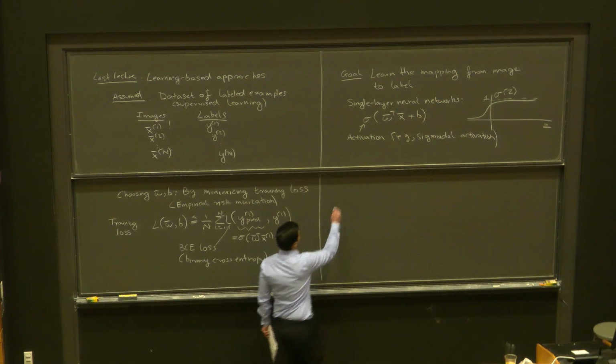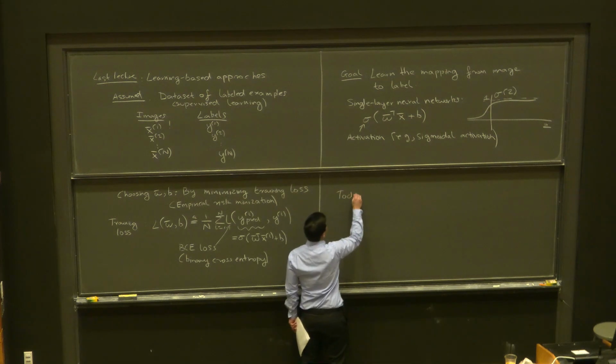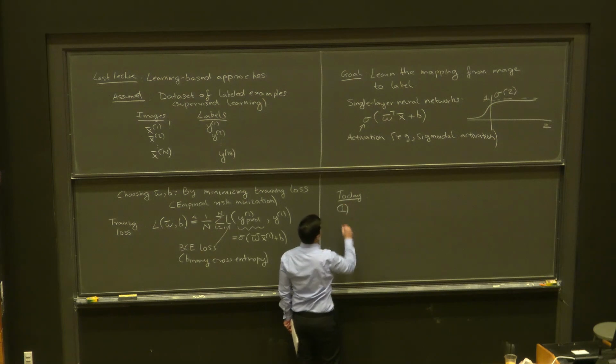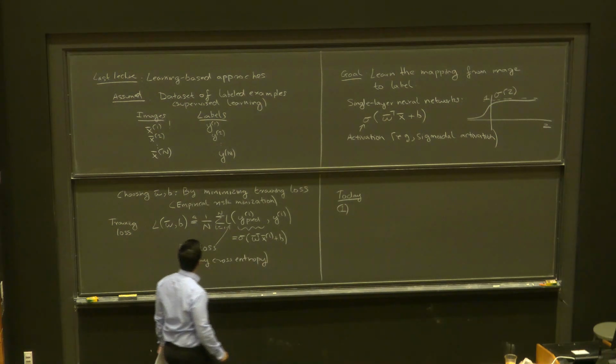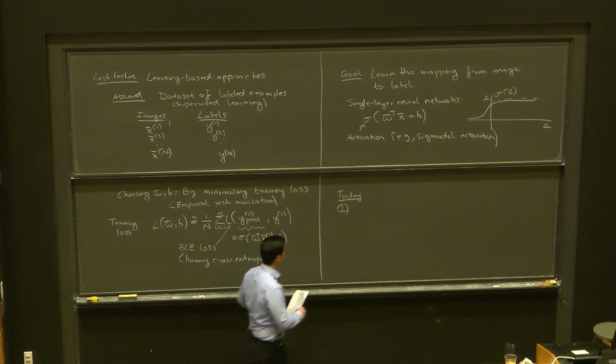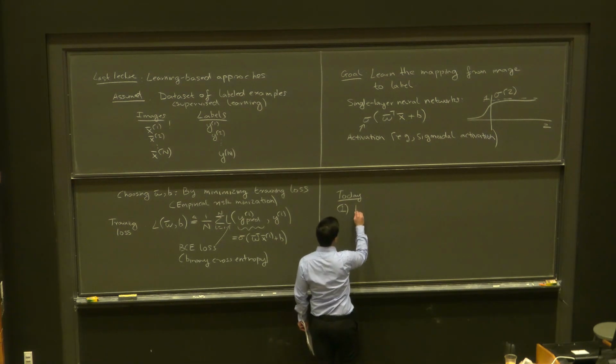So the plan for today is to do two things. First is think a bit more about how we do this optimization. So how do we find W and B to minimize the training loss?